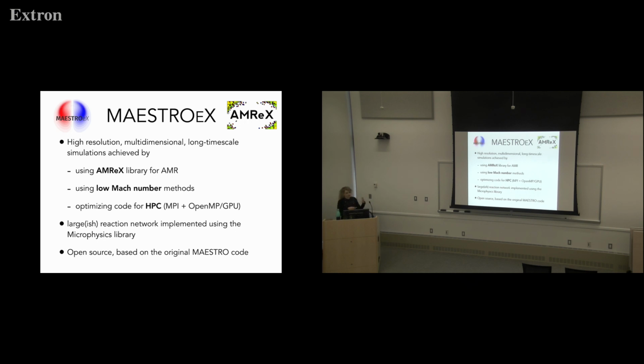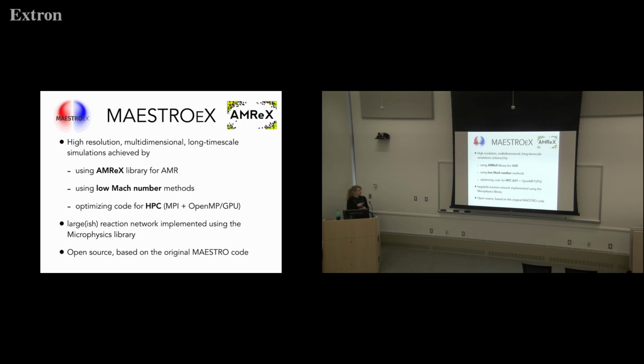We're going to use low Mach number methods in our code, as I've mentioned in previous slides. This code has been optimized for high-performance computing, so it can run using MPI and OpenMP, or it can also run on GPUs. I'll talk a bit about this at the end, but we're doing a lot of work at the moment to try and really optimize this code for GPUs.